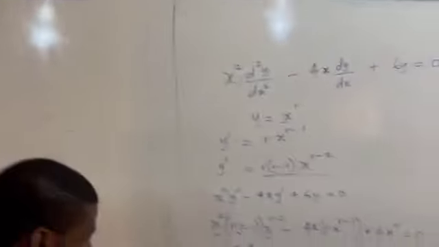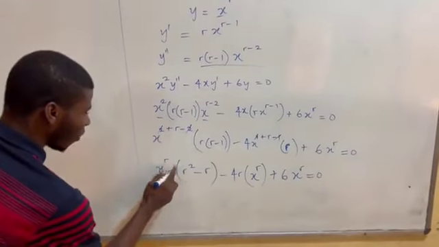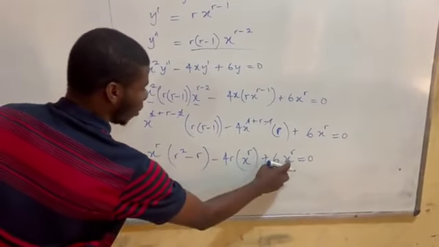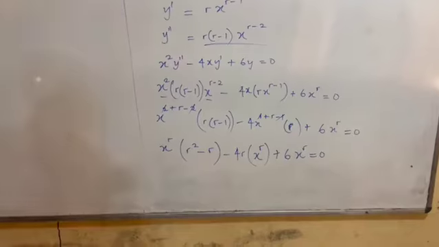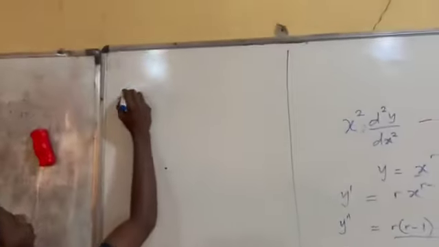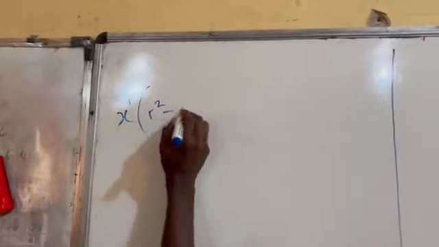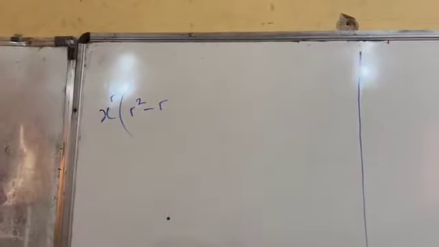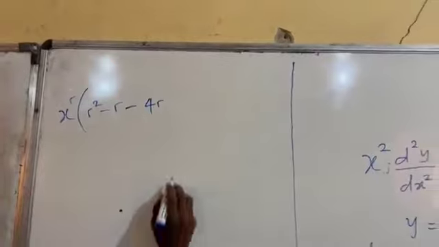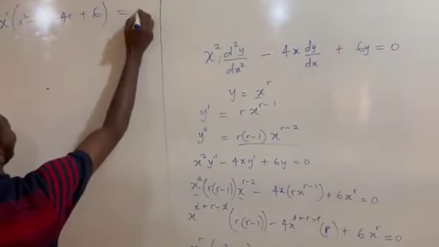So the next thing we can do is notice that we have x to the power of r over here, over here, and over here. So x to the power of r is common to all terms. We can simply factor out x to the power of r, and we have r squared minus r minus 4r plus 6 equals 0.